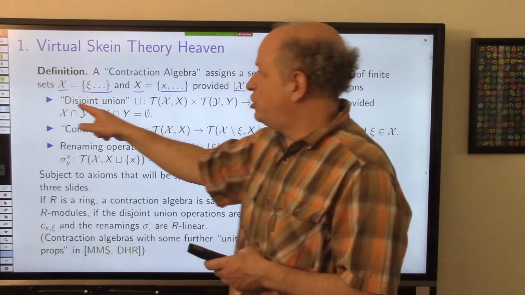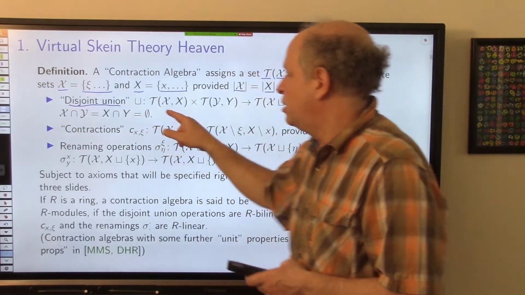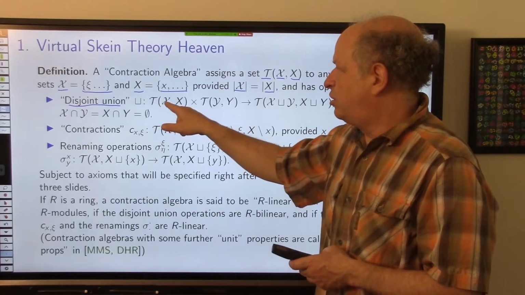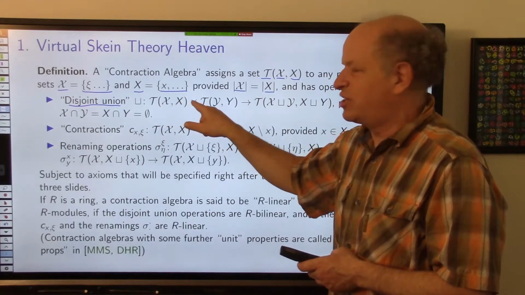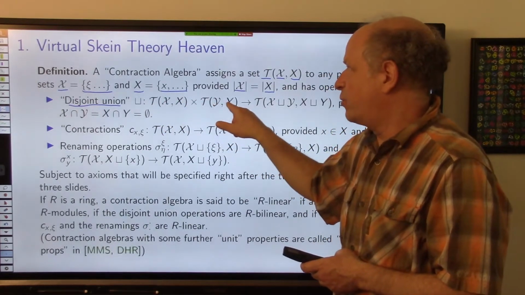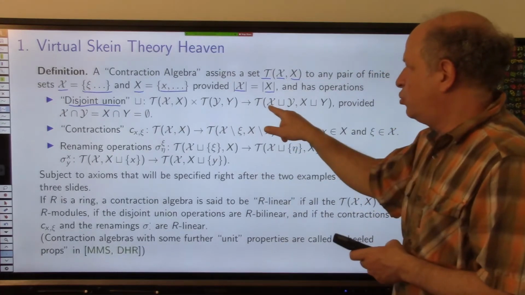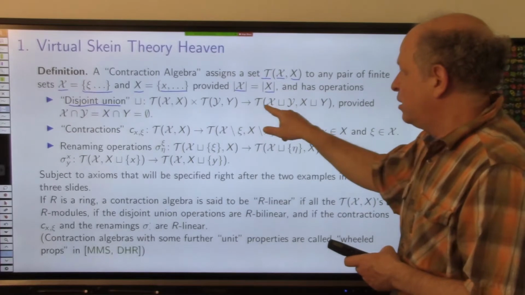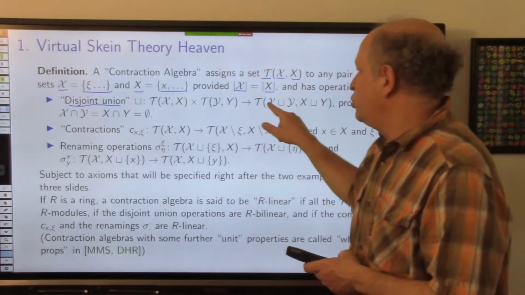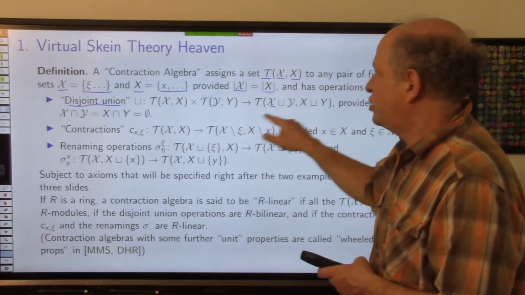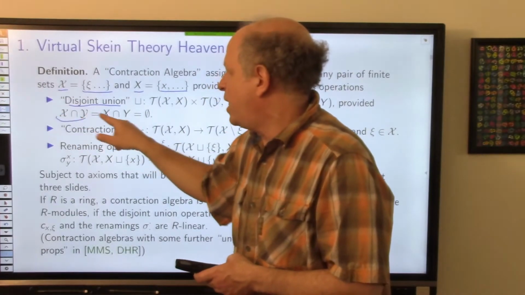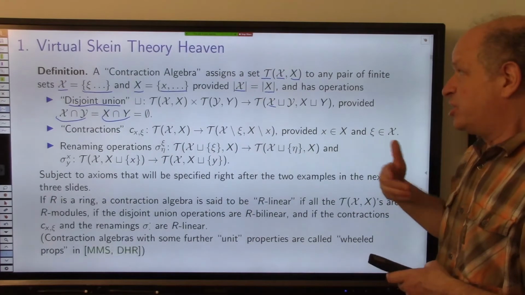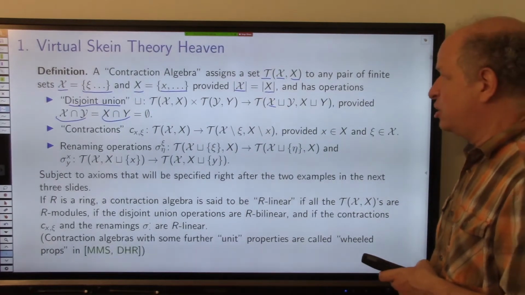And it has several operations. So there is a disjoint union operation. So there is an operation going from T of calligraphic x and x cross T of calligraphic y and y into T of the unions, provided the sets are mutually disjoint. So calligraphic x is disjoint from calligraphic y, and x is disjoint from y. There is a second set of operations.